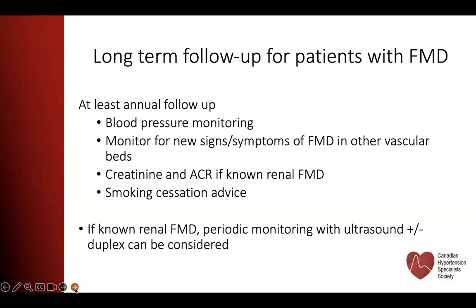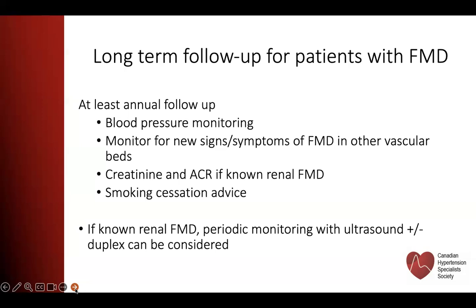In patients who do or do not have angioplasty, patients should have frequent blood pressure monitoring. They should be monitored for new signs or symptoms of FMD in other vascular beds, because as discussed, we really don't know if there's a high likelihood that it could develop in another vascular bed after that initial screening is done at the time of diagnosis.